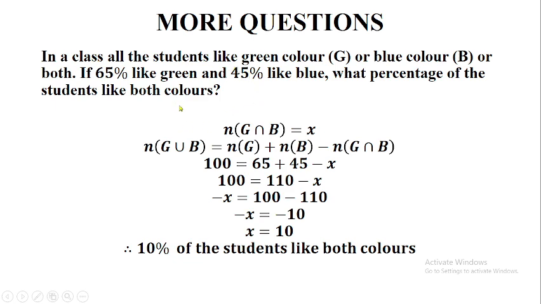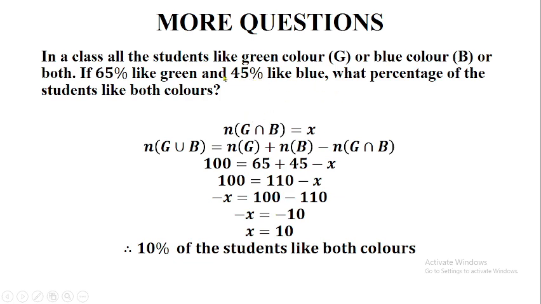So now in this question you can see that we did not use a Venn diagram, so we use the other formula to solve it. Of course, if you want to use a Venn diagram, you can also use a Venn diagram as well. There's no big deal in that, but it's easy to use the other formula. Why?